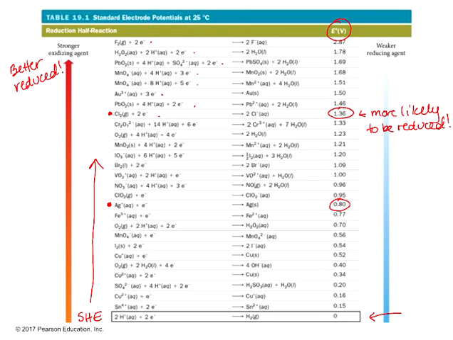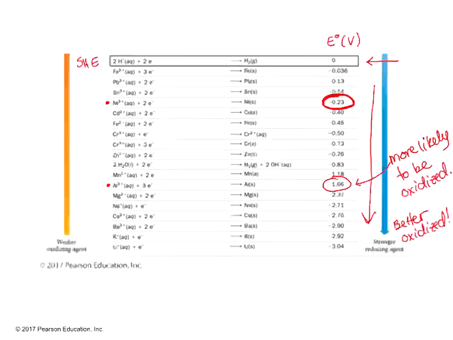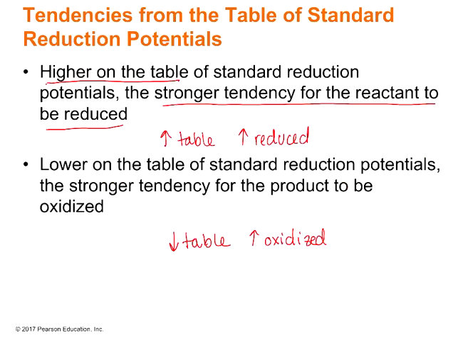As we continue down, it's the same for the second half of the table as well. So electrons are always in the reactants. So really we're looking at reduction of everything here. And you'll notice on this slide, it said that the higher on the table of standard reduction potentials, the stronger tendency for the reactant to be reduced or gain electrons.